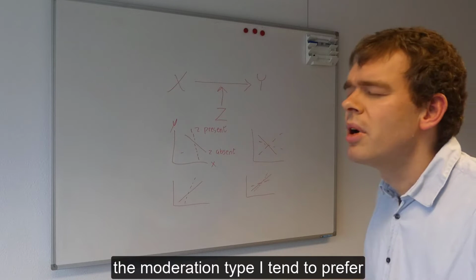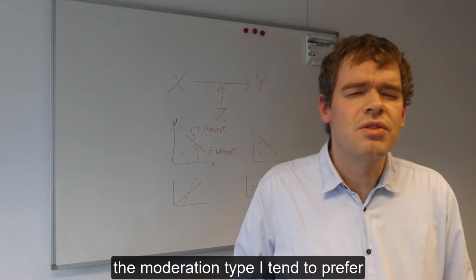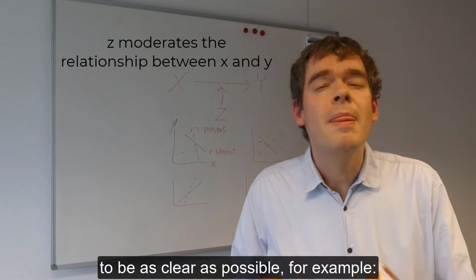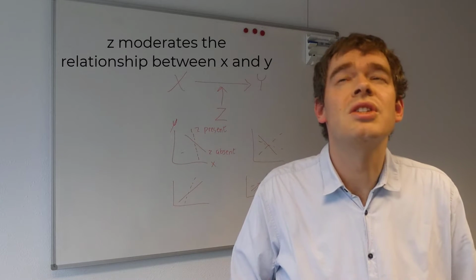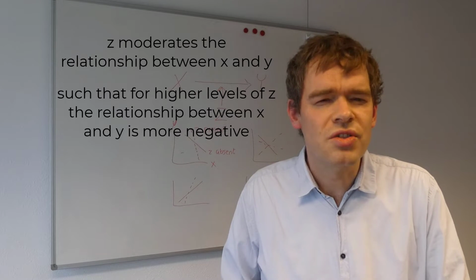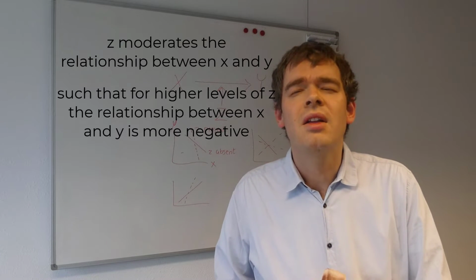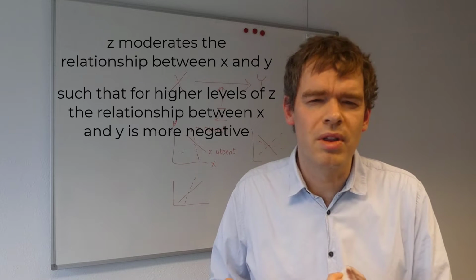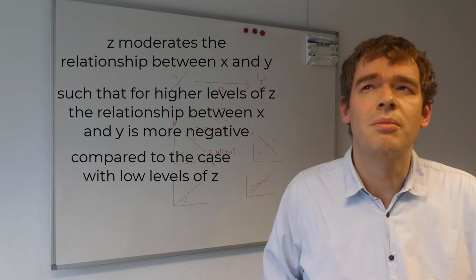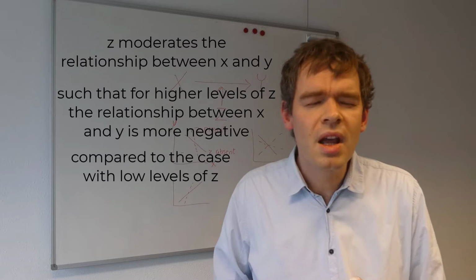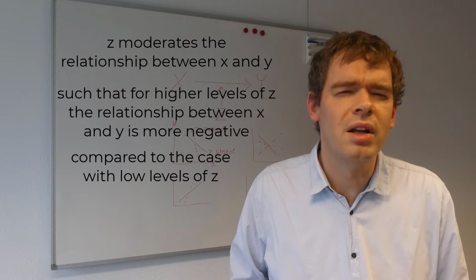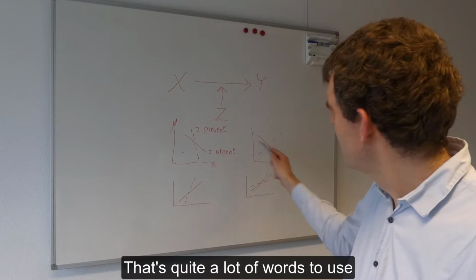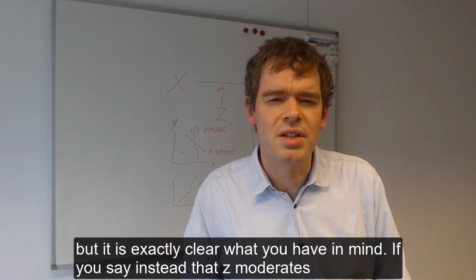Hypotheses of the moderation type, I tend to prefer them to be as clear as possible. For example, Z moderates the relationship between x and y such that for higher levels of Z, the relationship between x and y is more negative compared to the case with low levels of Z. That's quite a lot of words to use in a hypothesis, but it is exactly clear which of these four graphs you have in mind.